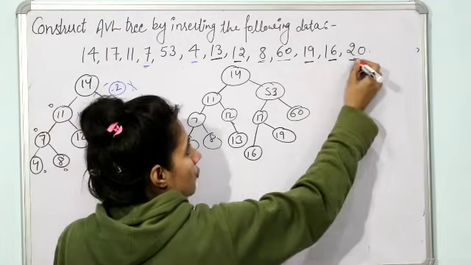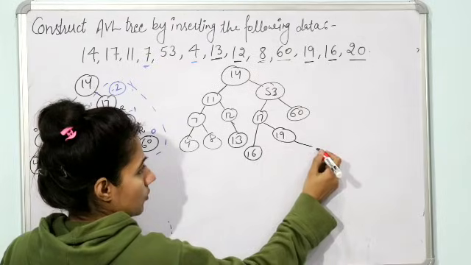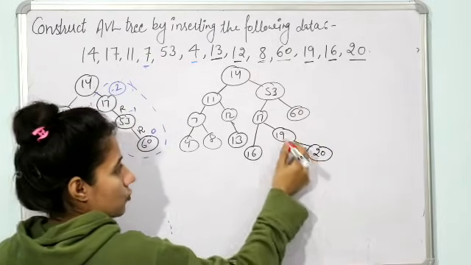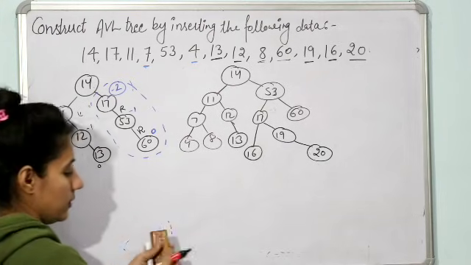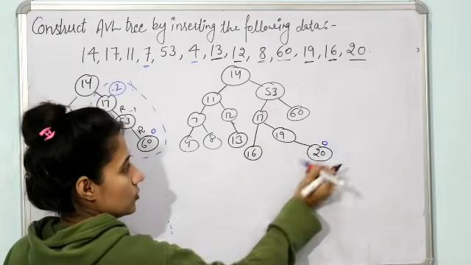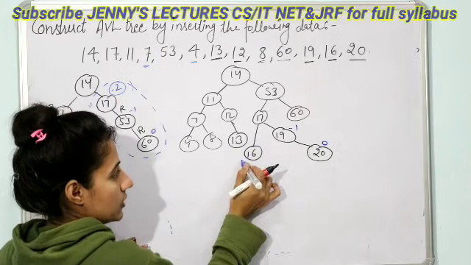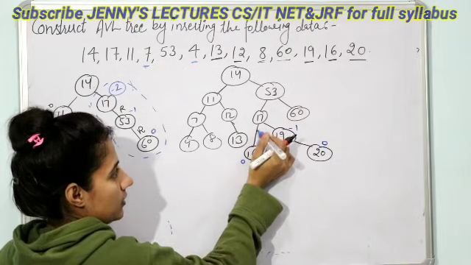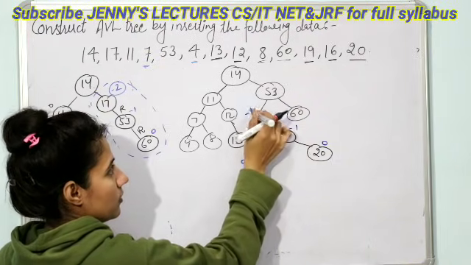Now insert this 20. 20 would be inserted here only, to the right of 19. Now check the balance factor. The balance factor of 20 is 0. Balance factor of 19 is 0 minus 1, that is minus 1. 16 is 0. 17 is 1 minus 2, that is minus 1.